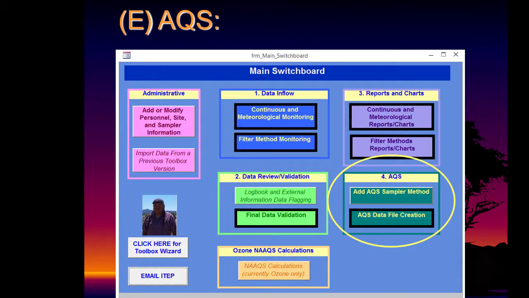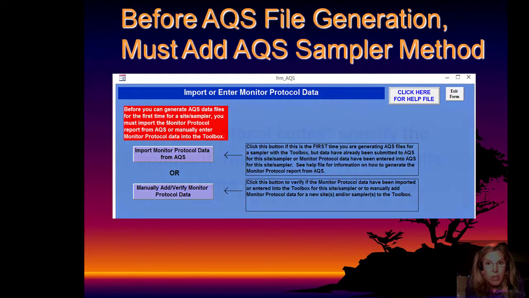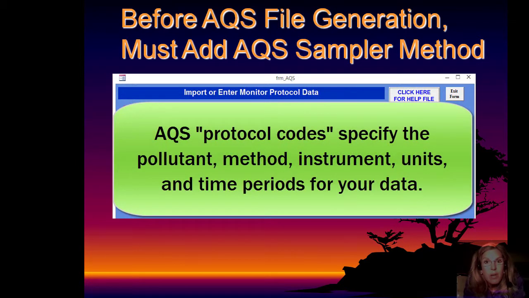Then the final category of toolbox operations is the AQS functions. That's right here from the main switchboard, and this bolded AQS data file creation is available from the fast track options as well. For AQS, first of all, you have to add the information of what AQS calls the protocol codes.